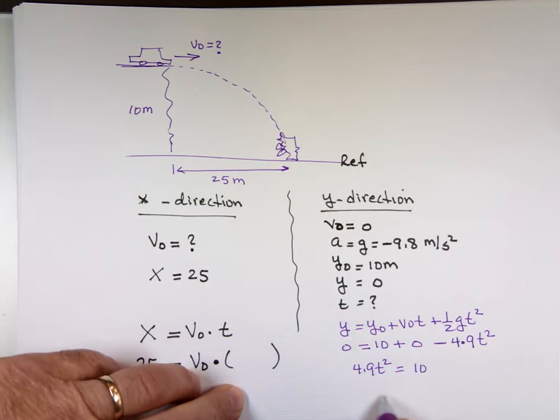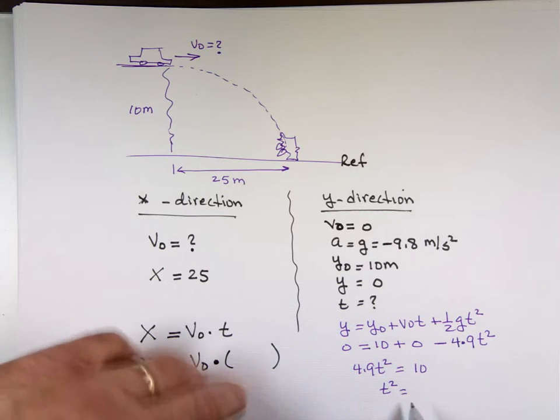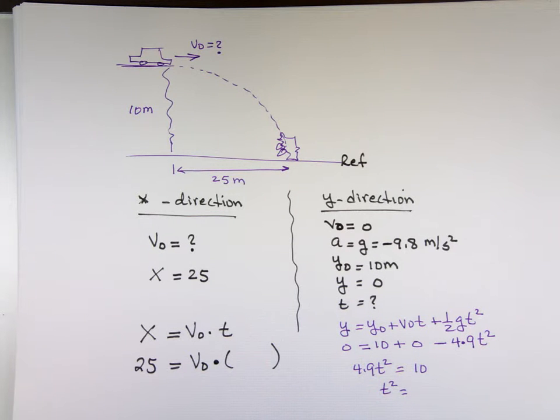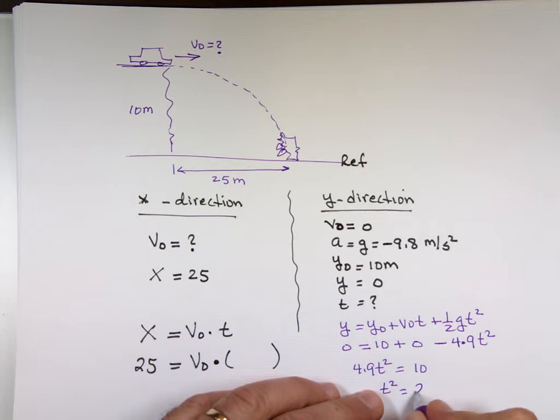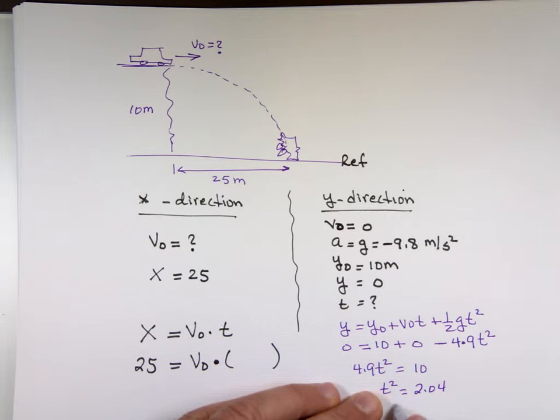Can we get what t squared is? 10 divided by 4.9, 2.04, which means t will be the square root of that number, 1.43.